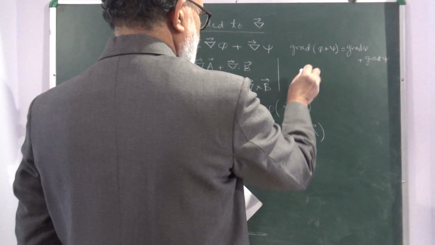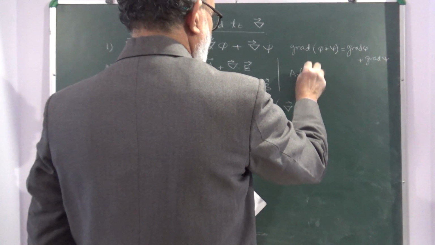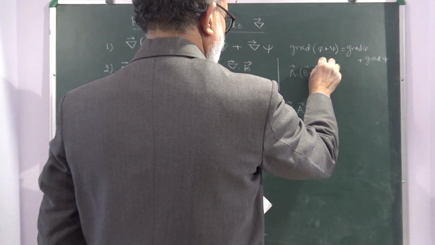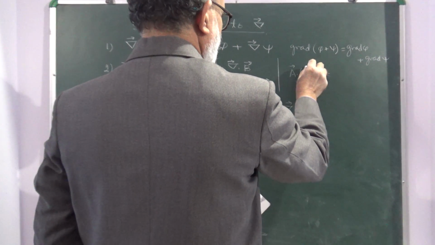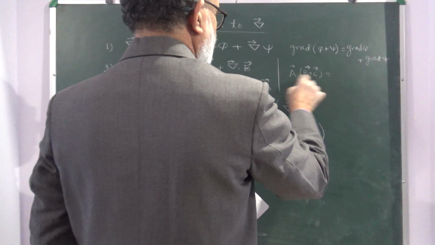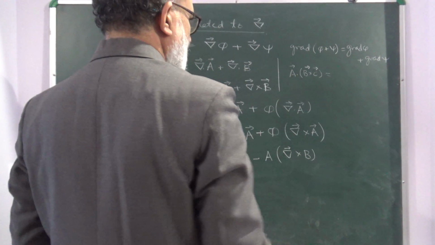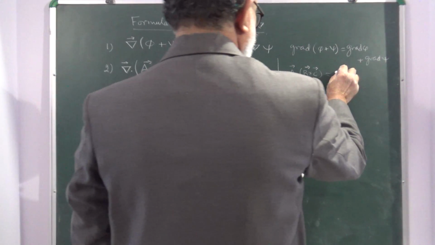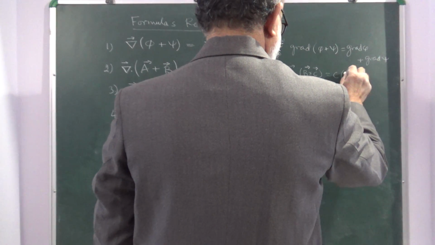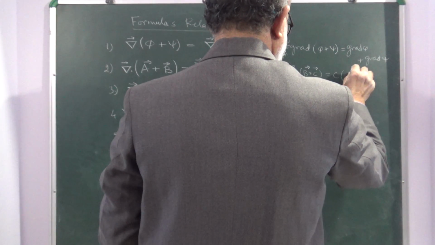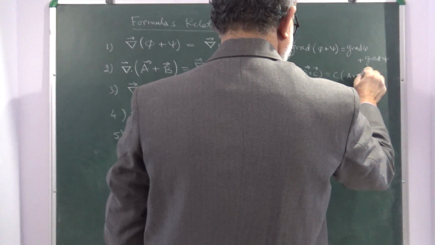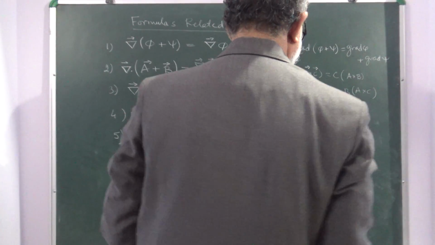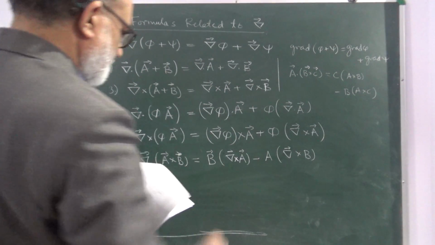In vectors we have A dot B cross C. If you take this cross product and then take the dot product, this can be treated as B C A cross B minus B A. This is simply like this.